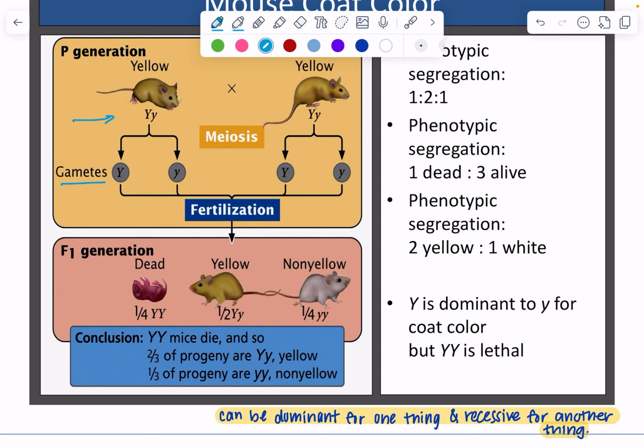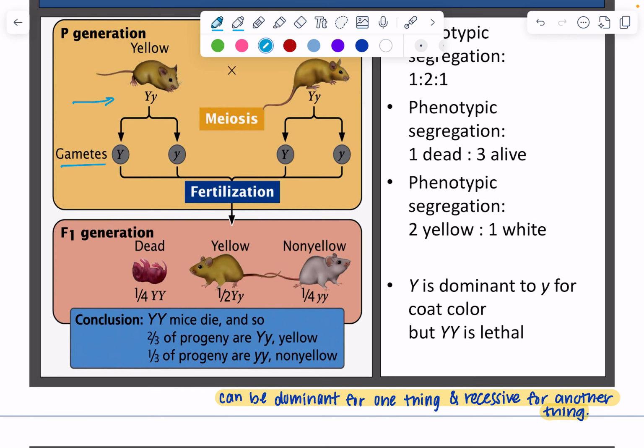And then in the F1 generation, if you get that YY double dominant, you have a dead mouse. It's yellow, but it's also dead. And if you have 1/2 that are yellow and alive, then you must know that something's affecting the yellow mice.